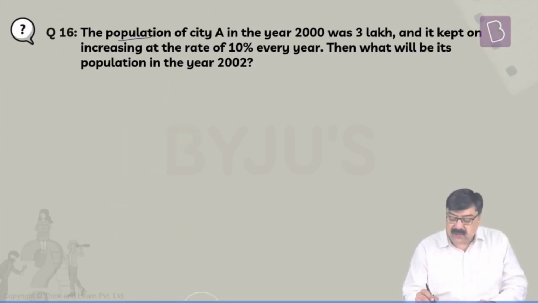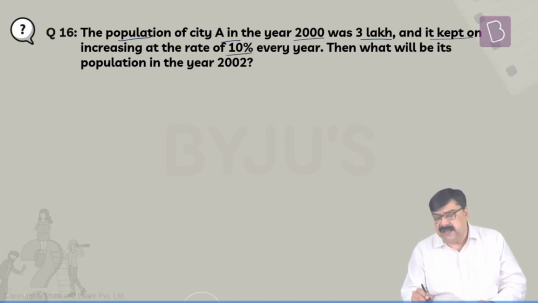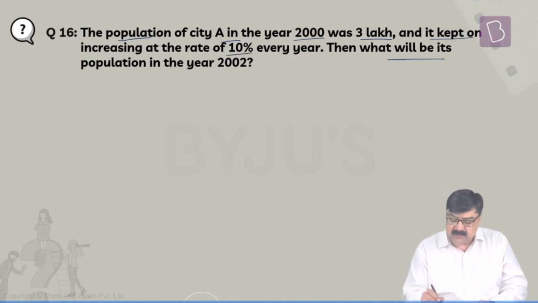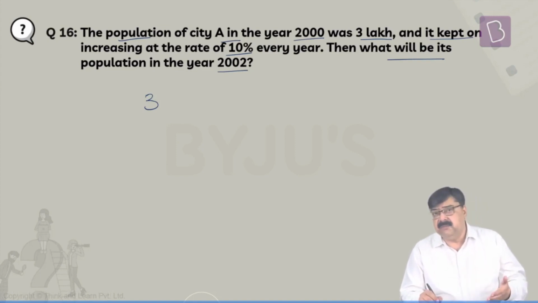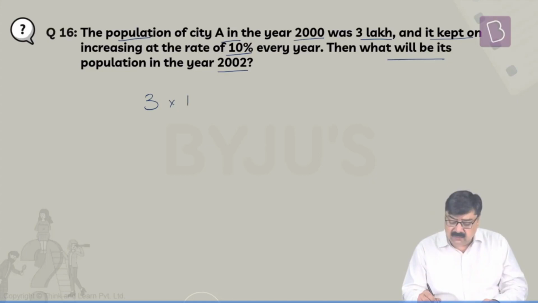Alright, the population of a city A in the year 2000 was 3 lakh, and it kept on increasing at the rate of 10% every year. Then what will be its population in the year 2002? See, initially it is 3 lakh in 2000, and every year it is increasing by 10%. So 3 into 1.1, this is what it will become in 2001.